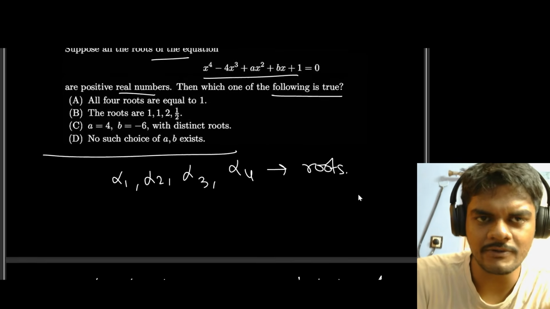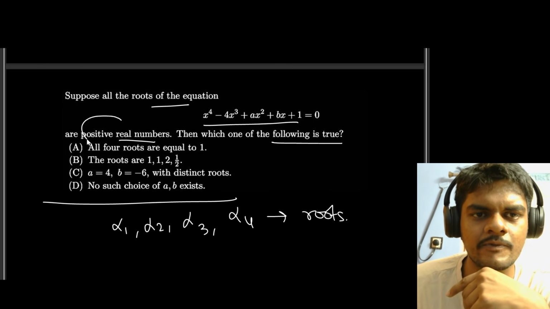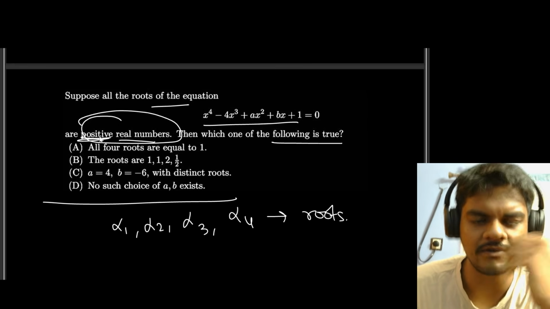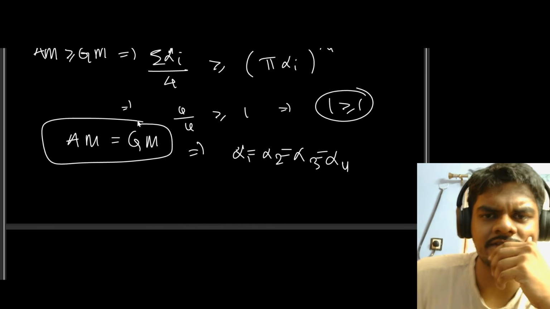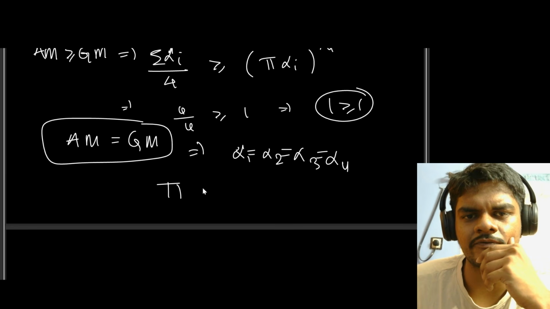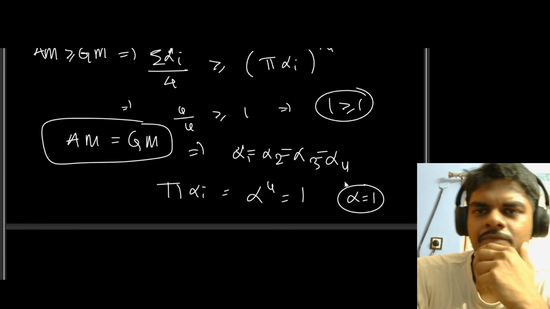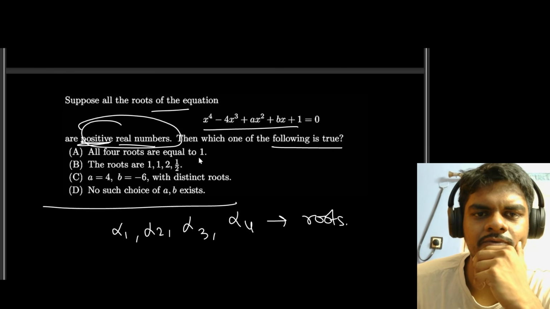Now, we are able to do this only because the roots are positive real numbers, right? Positive real number roots are important. The moment we have all the roots same, the product of roots will be alpha power 4 equal to 1, and we are talking about real numbers, so alpha will be 1. So all 4 roots are equal to 1.